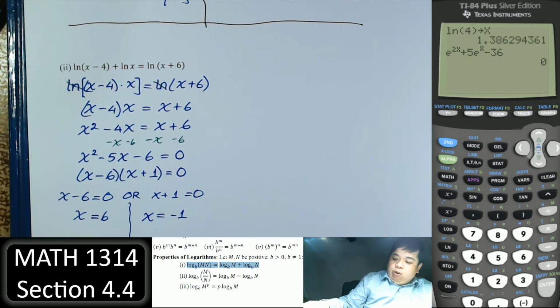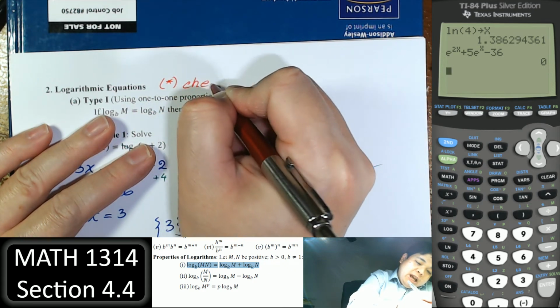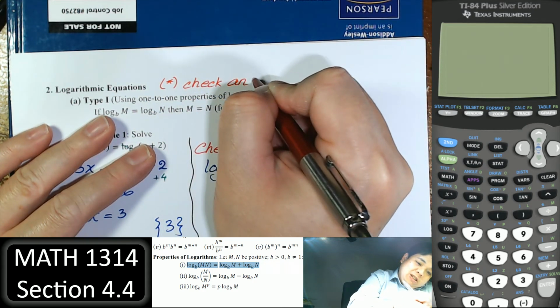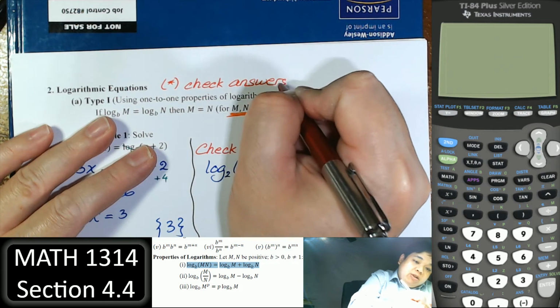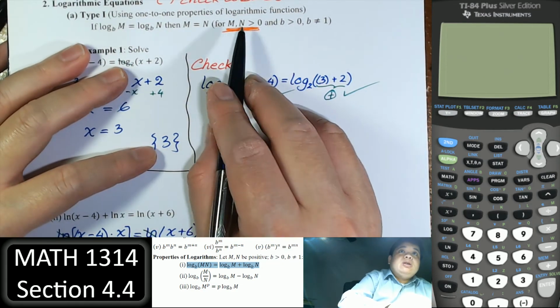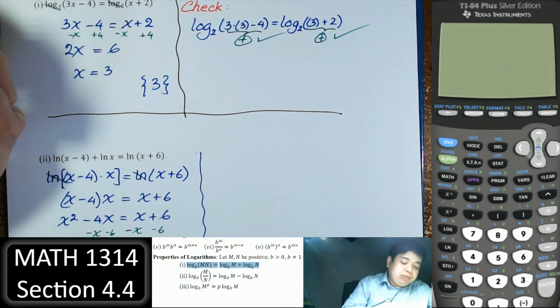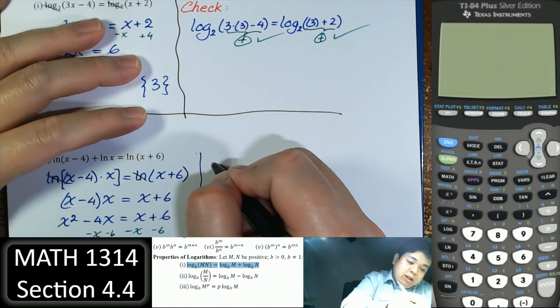Just for all logarithmic equations, make sure we check the answer. This one we definitely have to make sure that we only have positives inside the log, because the log of a negative number is undefined. So we have 6 and negative 1.